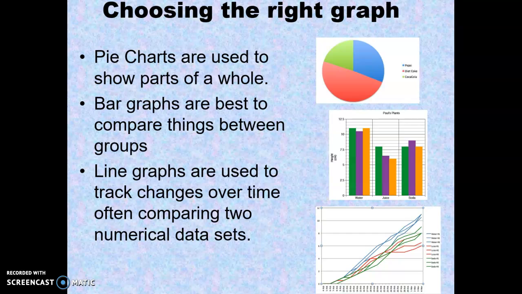In this particular example, we have, for Paul's plants, growth with 3 different sources of liquid. Line graphs are great for trends, tracking change over time, or being able to compare 2 numerical sets of data.